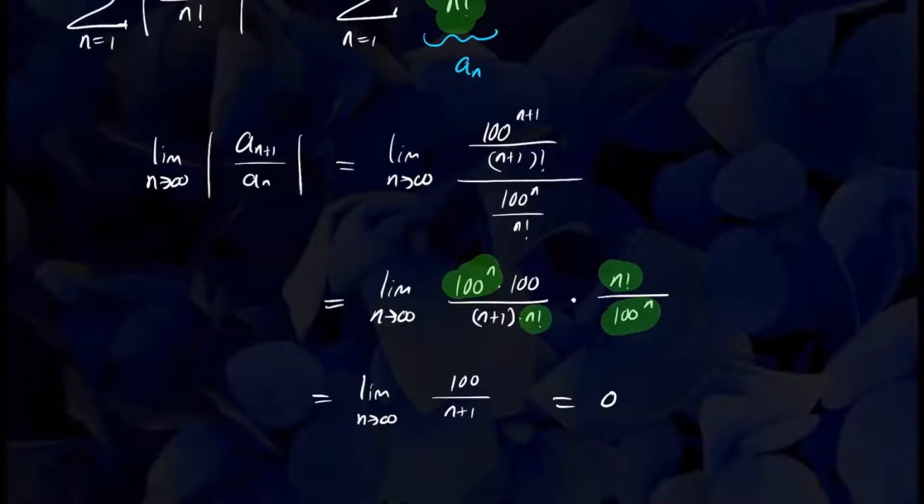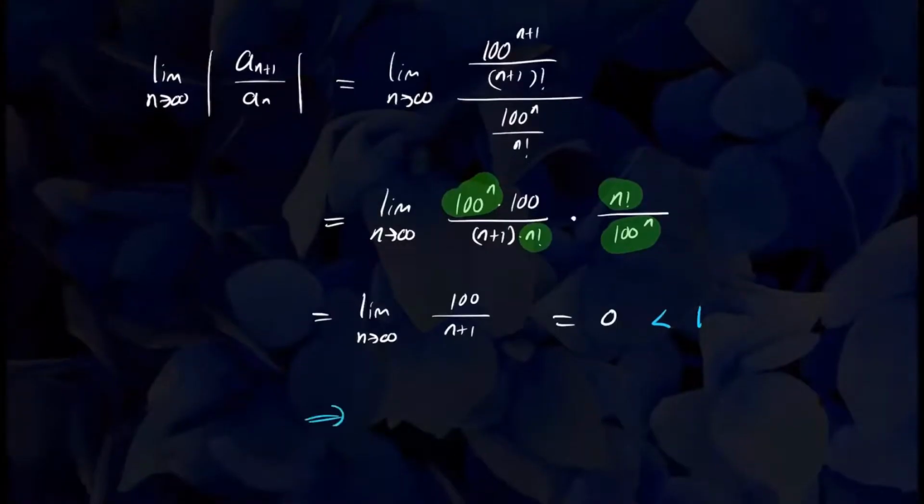constant. Now, the ratio test tells us if you take this limit and you get a value less than 1, then it is absolutely convergent. So we get a value of 0, which is less than 1. So we say that this series that we're looking at, from 1 to infinity of negative 100 to the n power over n factorial.